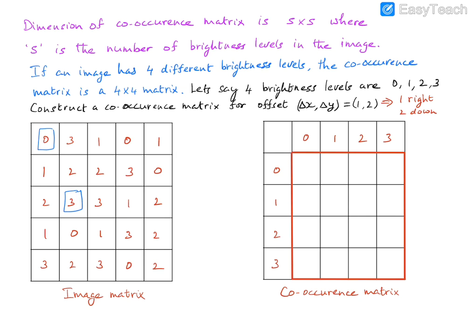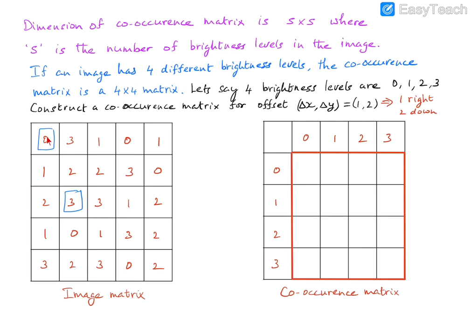We now have to check how many times 0 and 0 occur in those relative positions. For the 0 here we have a 3, so it's not 0 0. We want to look at each of the zeros, starting with the first element 0, and look at that particular offset and count if there is another 0 in that position.